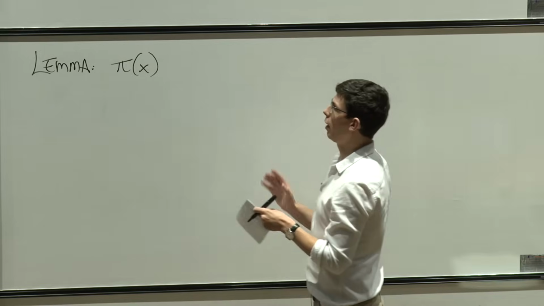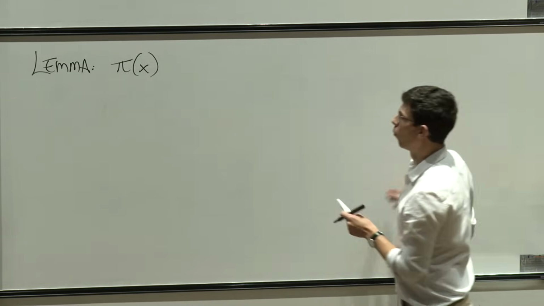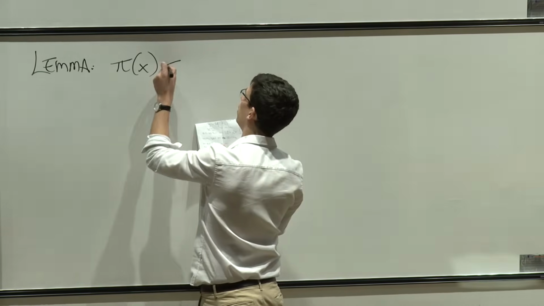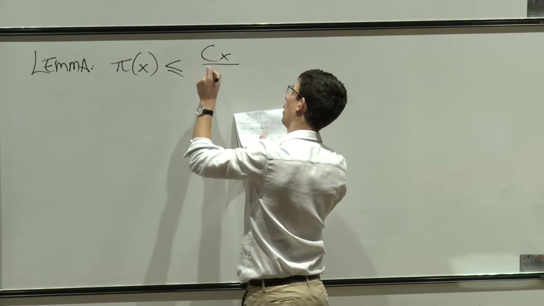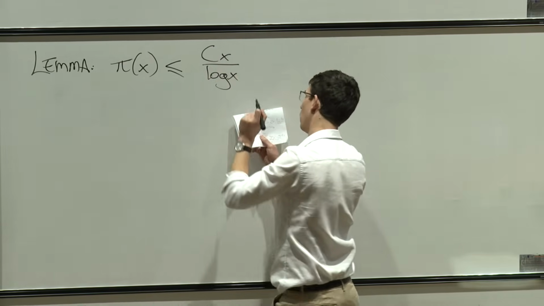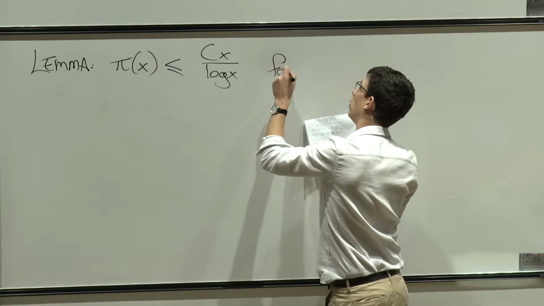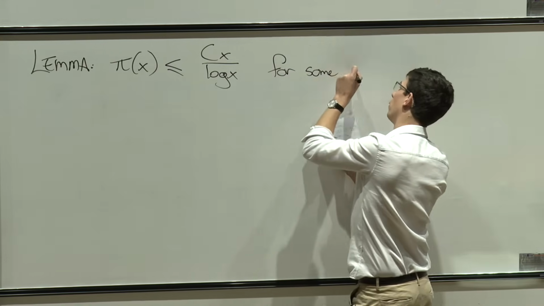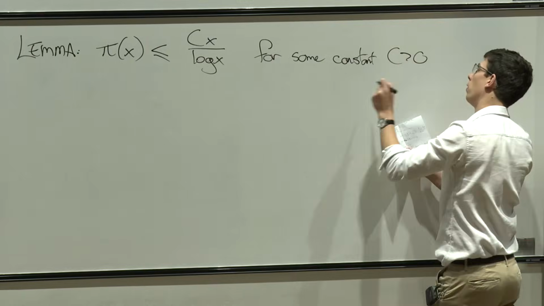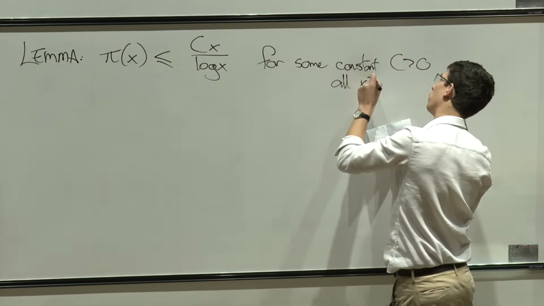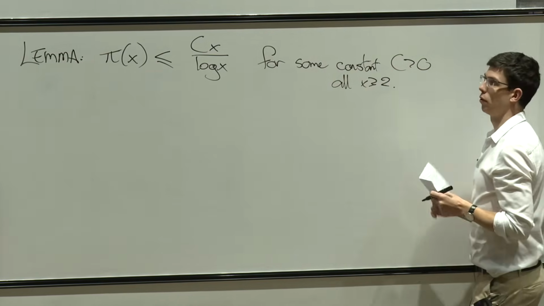We're going to today accept just some weaker estimates. So I want to get an upper bound of c times x over log x for some constant c bigger than 0 and all values of x bigger than or equal to 2.